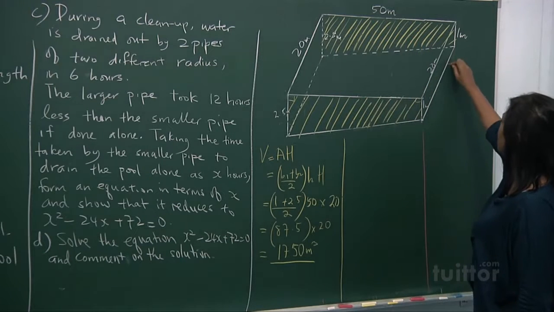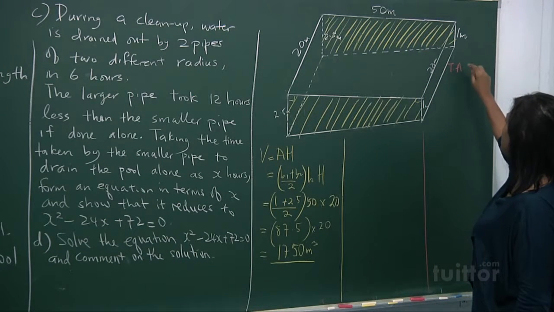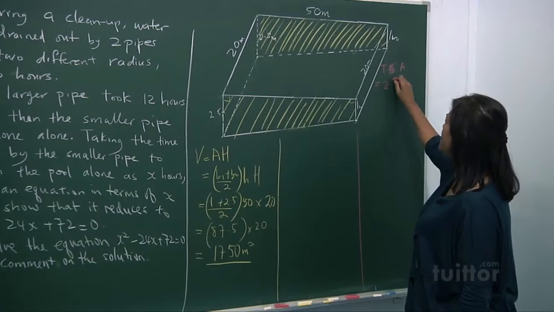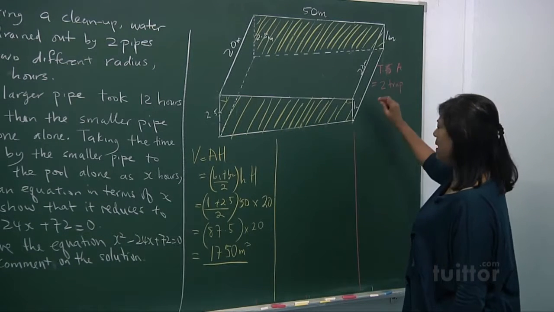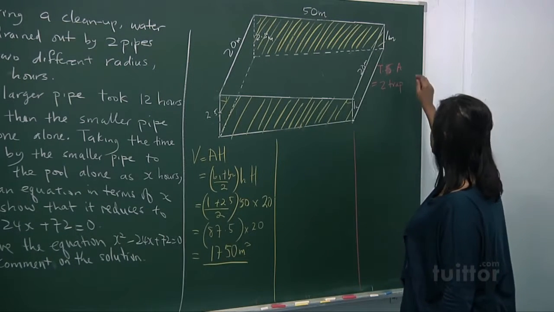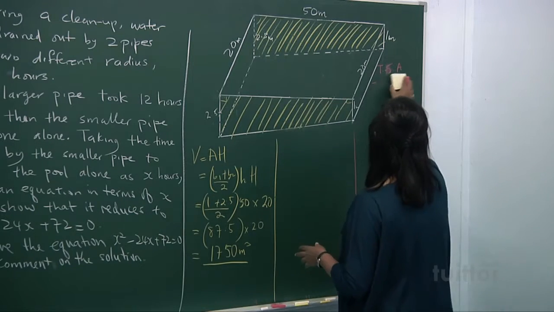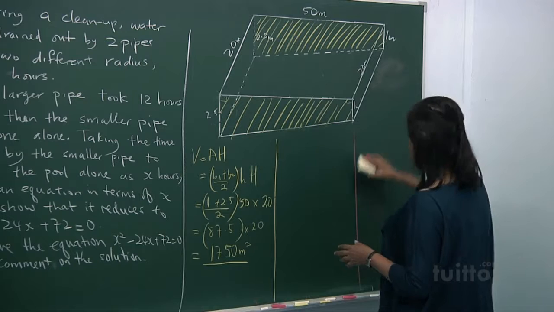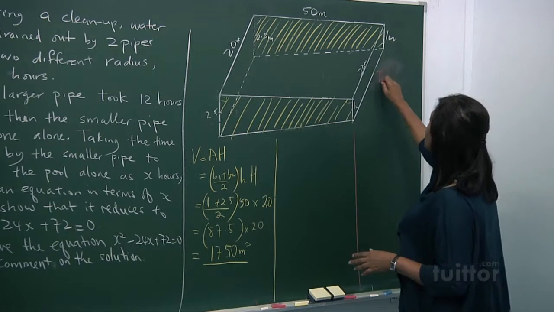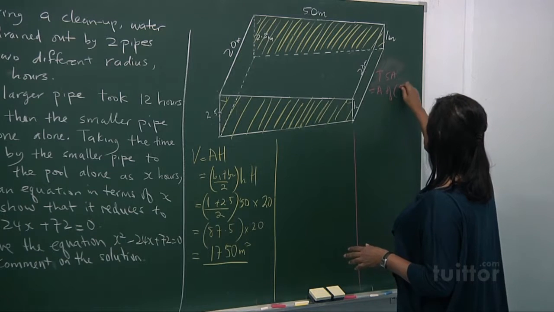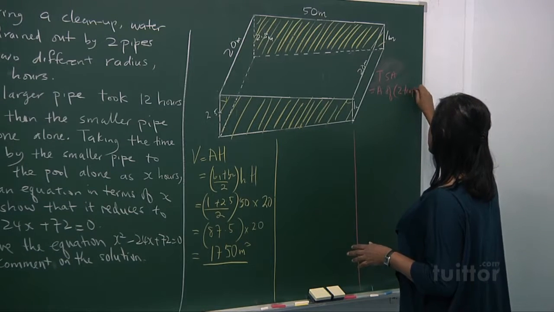So the total surface area, I shall put it as TSA, is made up of the area of 2 trapeziums. Alright, the area, please put down as area. I don't like the way I'm writing my answer right here, but I hope you could write it clearly.